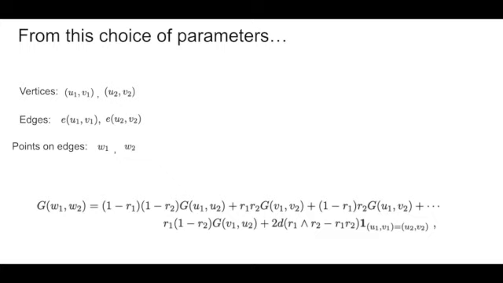Whereas if we look at another term for the Green's function right next to it in the superposition, we would have g of u1 and v2, which demonstrates that if we choose one vertex from one of the points, as well as another vertex v2 on another of the points, we multiply the Green's function by one prefactor which is dependent upon r2 and another prefactor which is dependent on 1 minus r1.